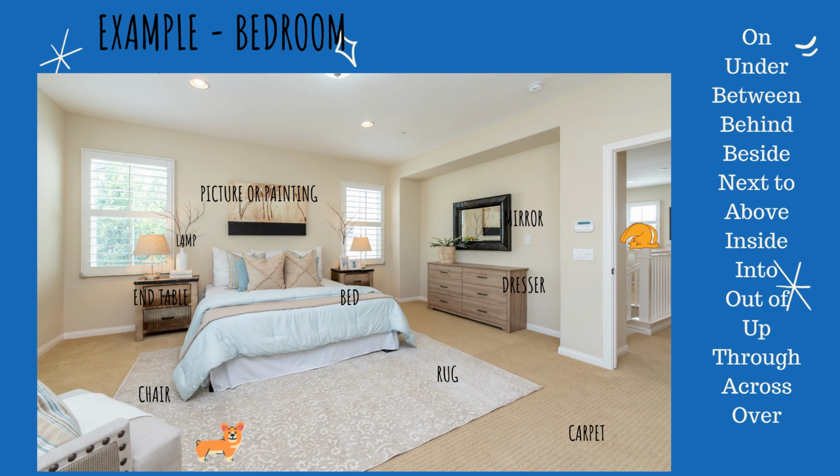When we look out the window, we're looking through the window at the trees. The little puppy runs across the room. The cat runs outside the room or out of the room and into the hallway.